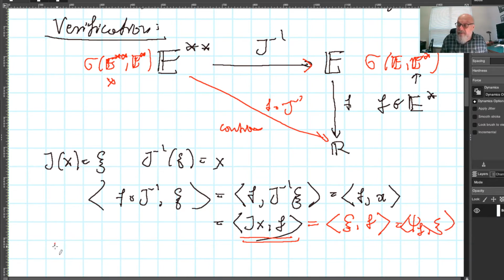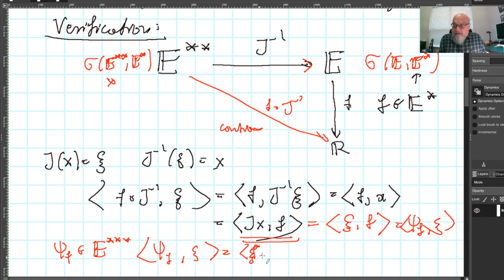This is the functional psi of F belonging to E triple star, such that psi of F on psi is equal to psi on F. That's exactly the functional that generates the topology on E double star.